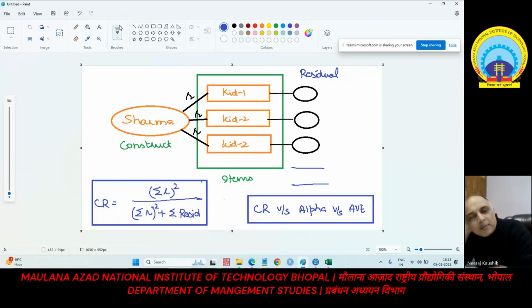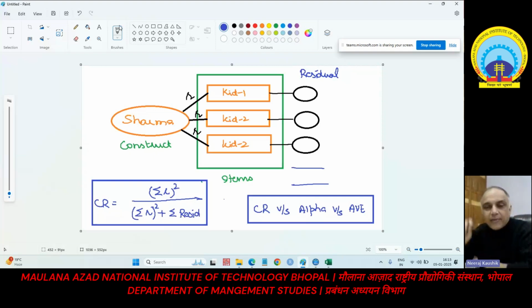Yes. Sir, composite reliability is where we are trying to explain how much we are able to explain the relationship with the overall construct, which is the explained as well as the unexplained one, the residual. Perfect. And what is alpha? Alpha is the correlation among, in this case, the kids, among the items, I must say.